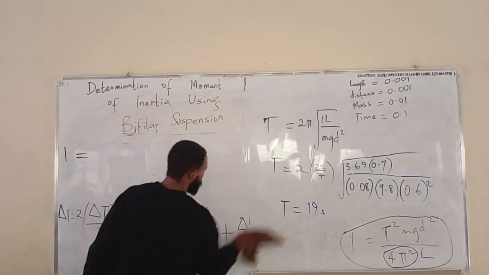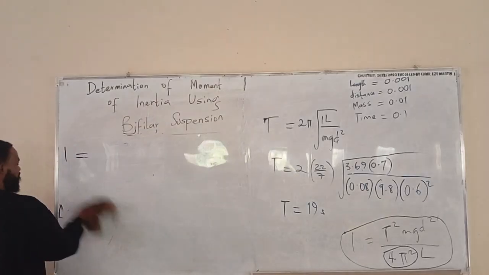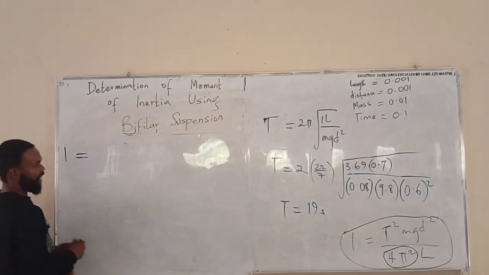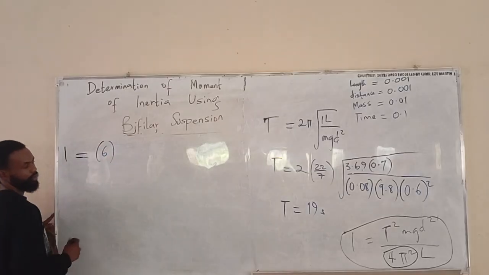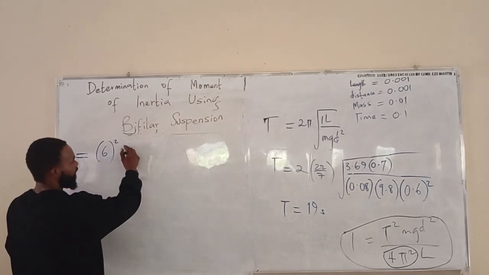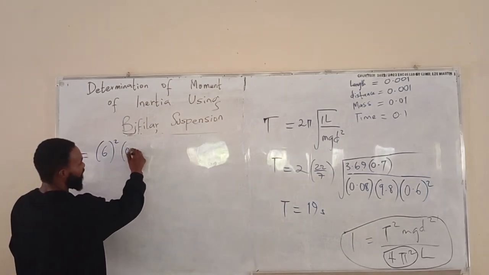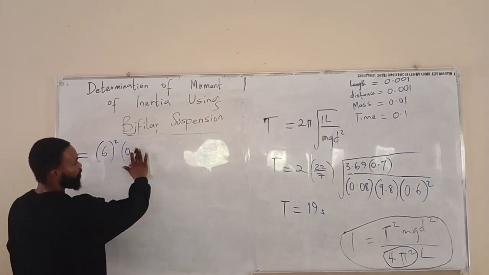My problem with the question is that we have to assume a lot because they did not give us readings. So I have I equals to. Let's put that 6 you got. You got 6 squared now. Then M0, what is the mass of my meter rule? 0.08.